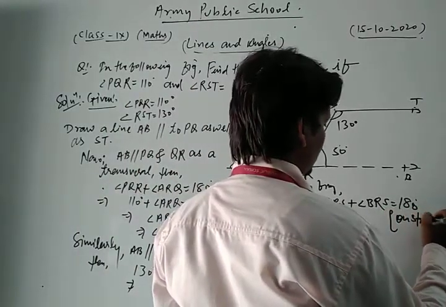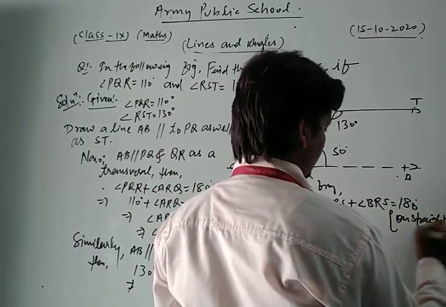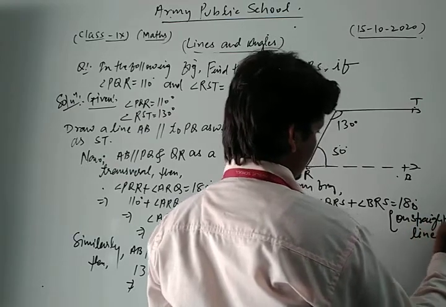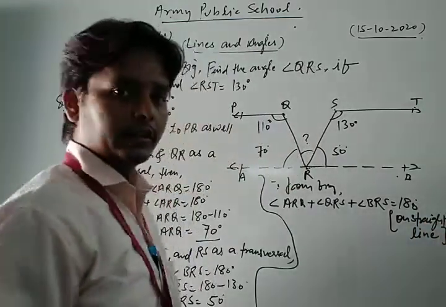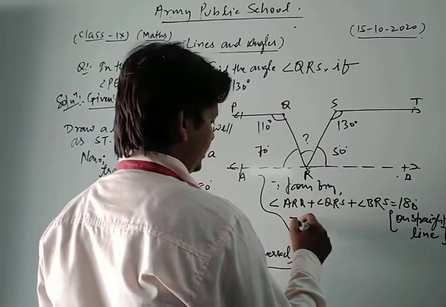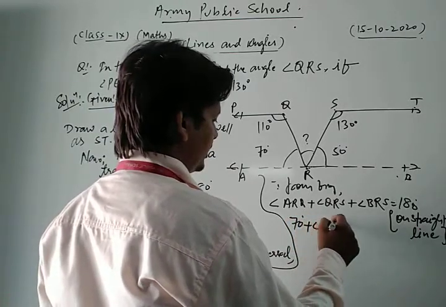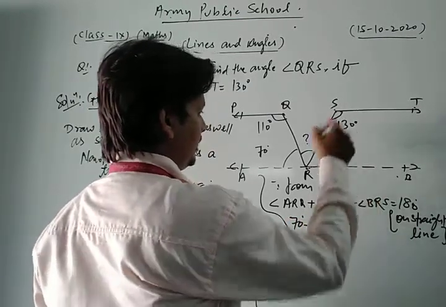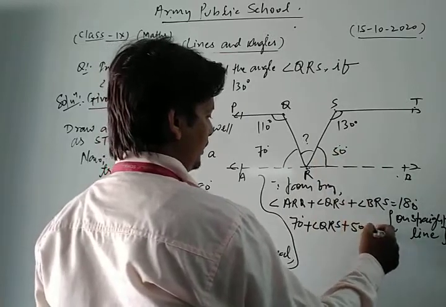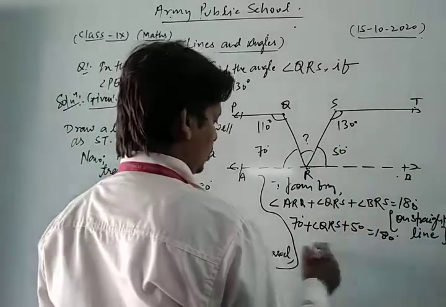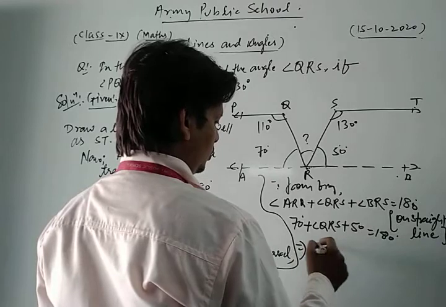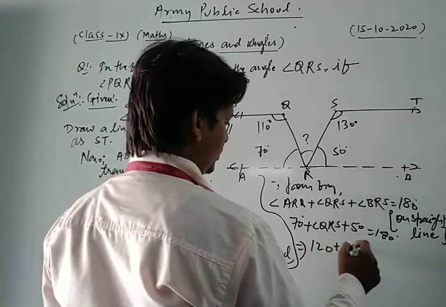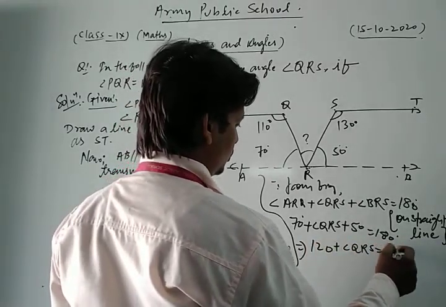Now here this is 70 degrees, plus angle QRS which we find, plus angle BRS which is 50, is equal to 180. Now we have 120 plus angle QRS is equal to 180.